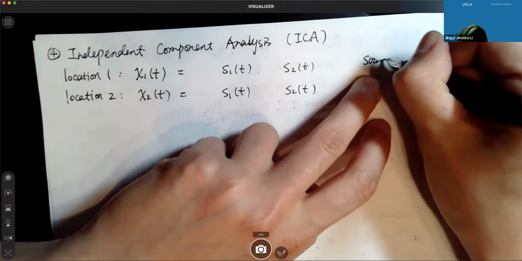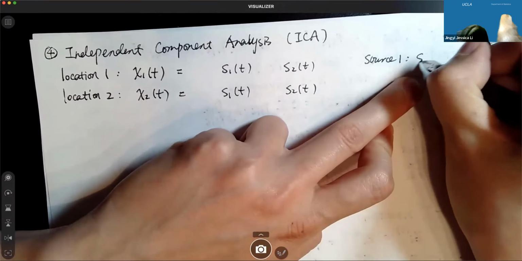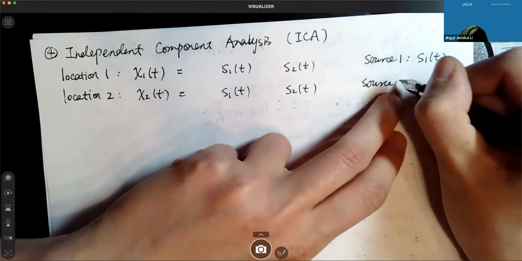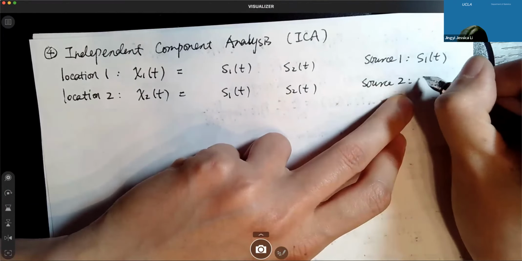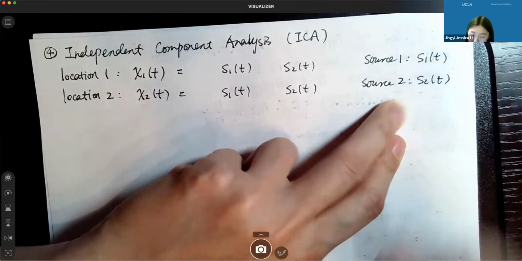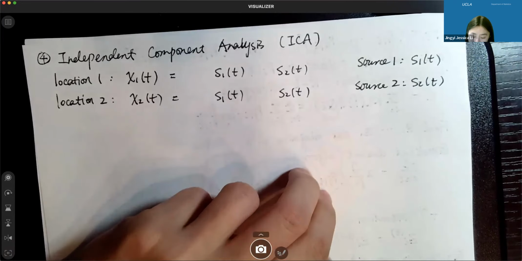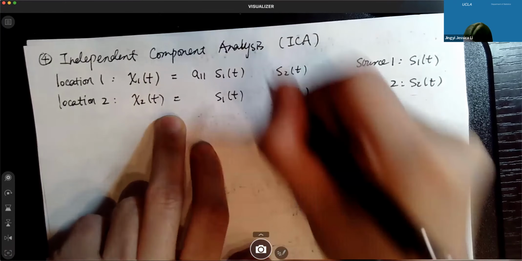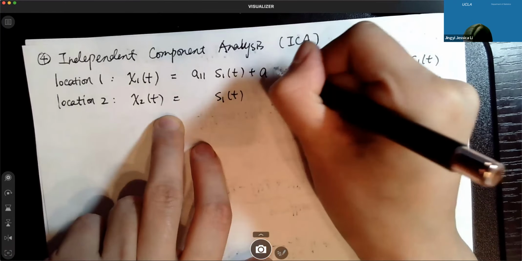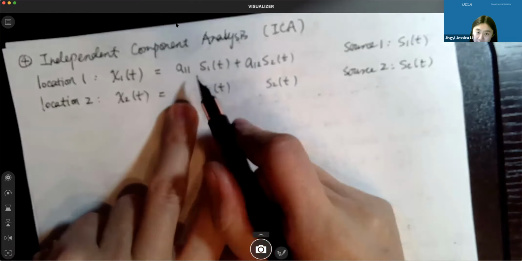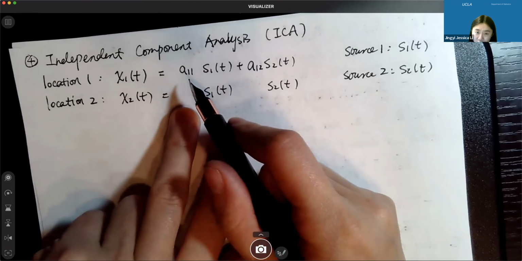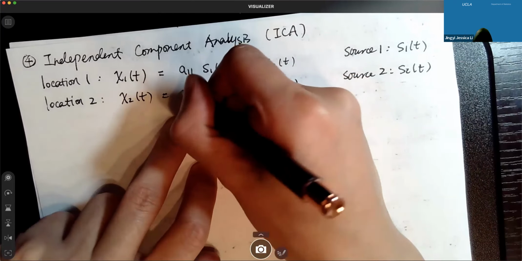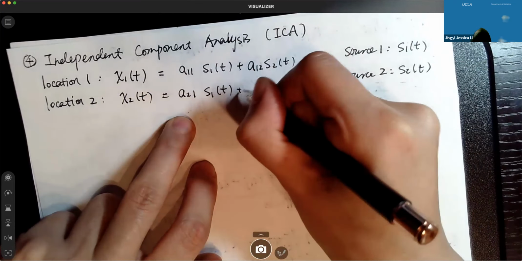Source 1, I denote by S1(t), and source 2 is S2(t). The coefficients we denote by A11 and A12. The first subscript is for the location, the second subscript for the source. And here A21, A22.